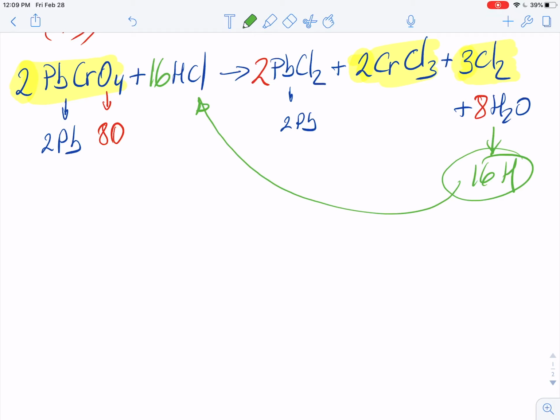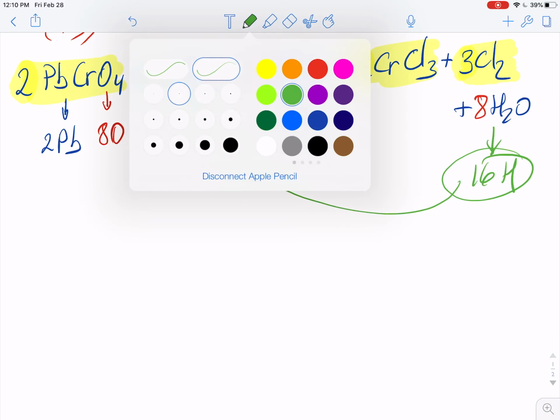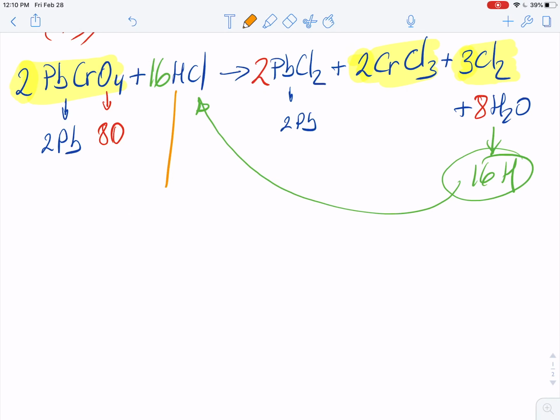Now, the last to balance here, let's change the color one more time. How about we use orange? This is telling you that you need 16 chlorines. Now you have 2 PbCl2, so you have 4 here.